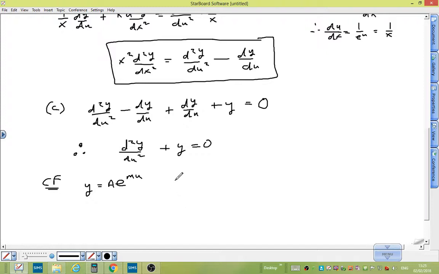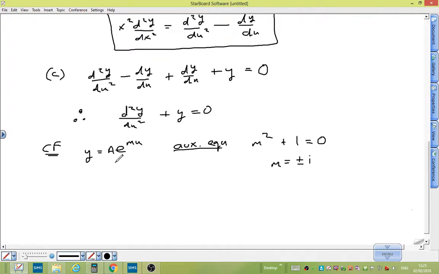The auxiliary equation we can jump straight to. The auxiliary equation will be m squared plus 1 is equal to 0, so it's complex. You end up with m is equal to plus or minus i. Are you happy with me going straight to the answer on that one now? That's going to get the general solution.